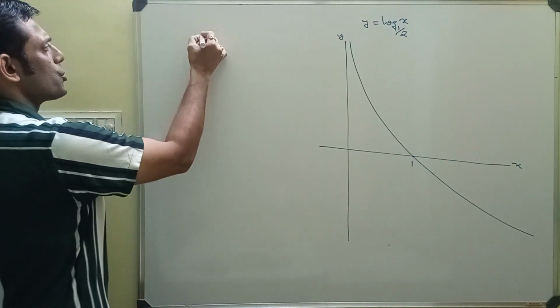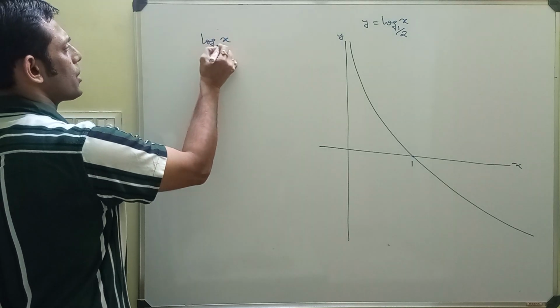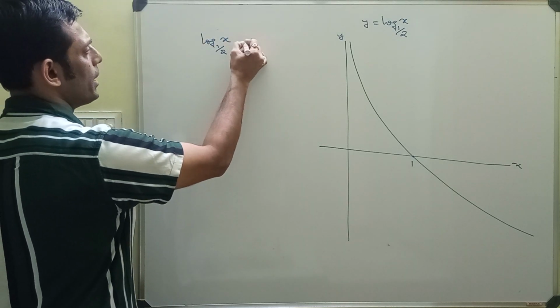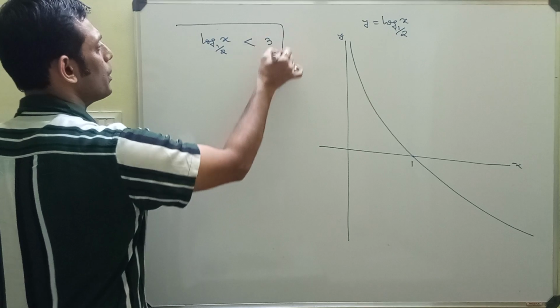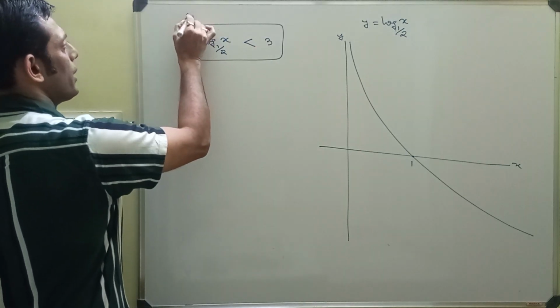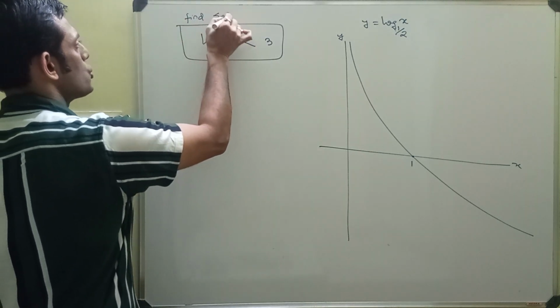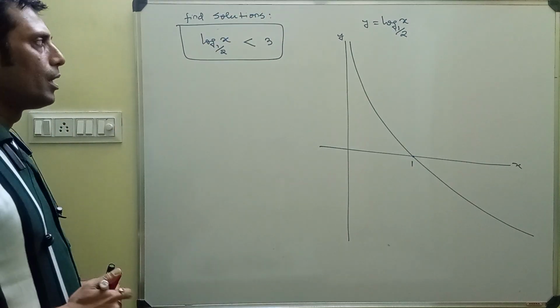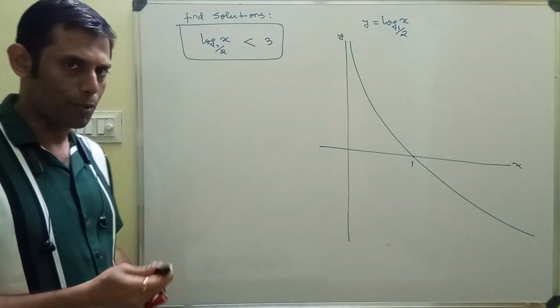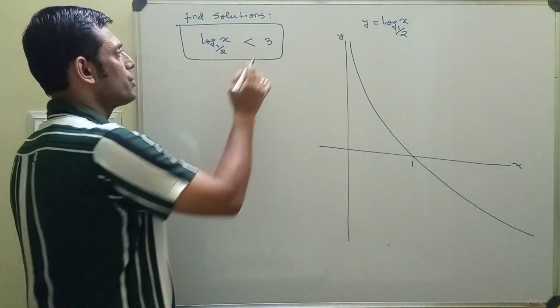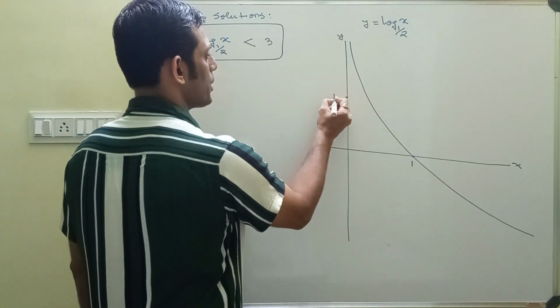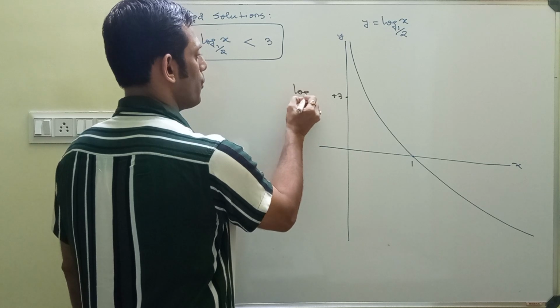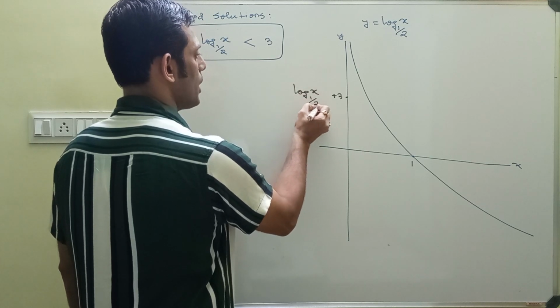And now, suppose you are asked that log x base half is supposed to be less than 3, then what will be the solution set? Find the solutions for this inequality. Now again, we go by the same approach. The approach is, let's track the level of 3. Let's say plus 3 is the value of log x base half.